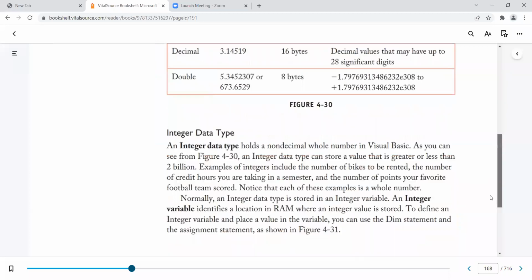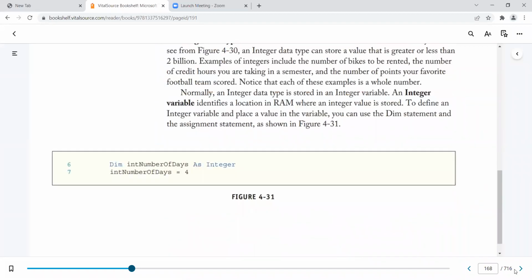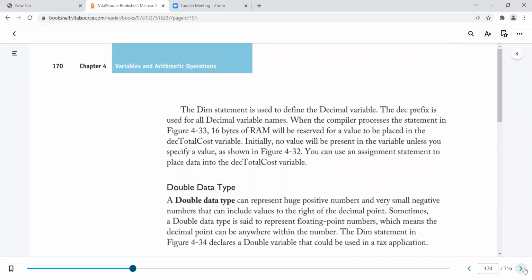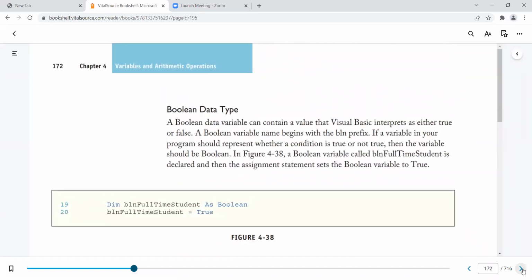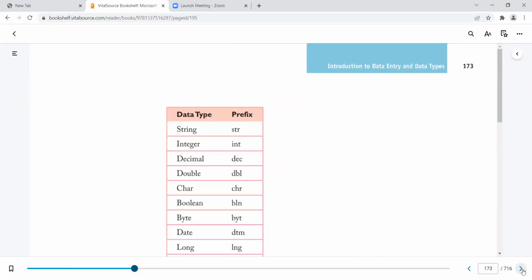So let's continue. You see here, we define a Dim and we define integers. Before we move on, we introduce the constant number. Keep in mind, a constant number is a number that, once you define it, you cannot change its value, like pi.